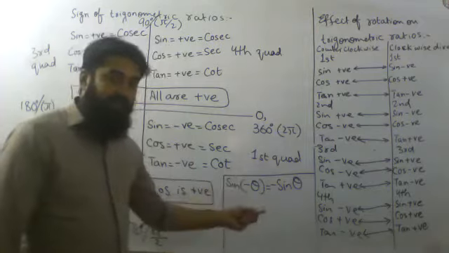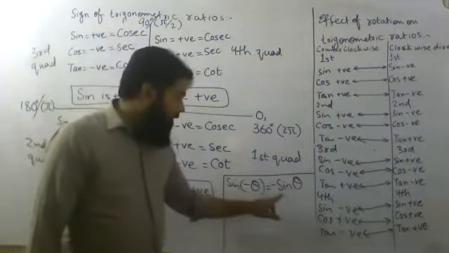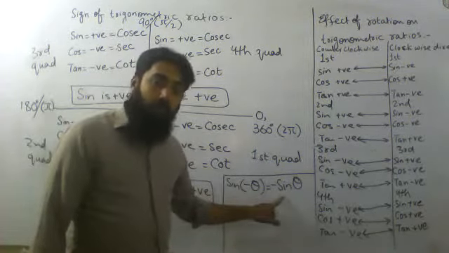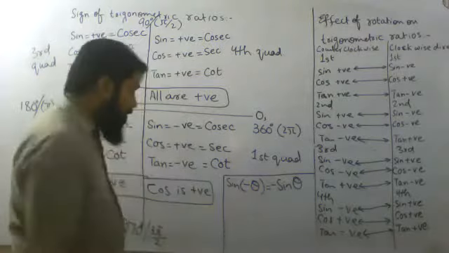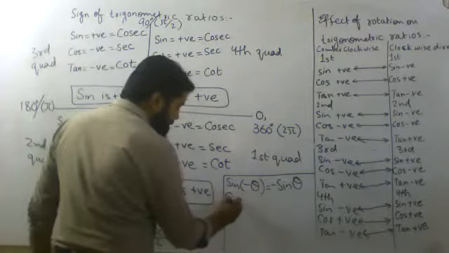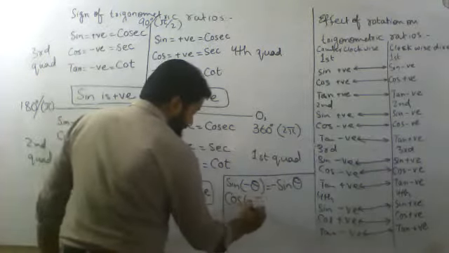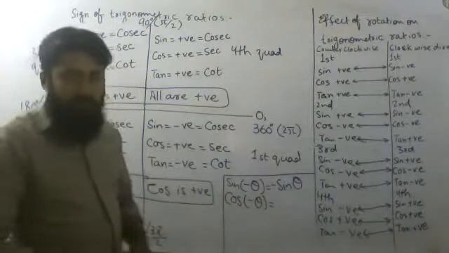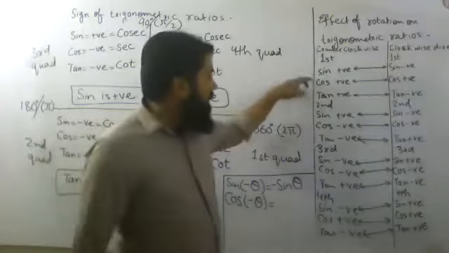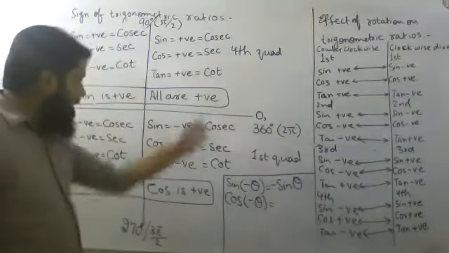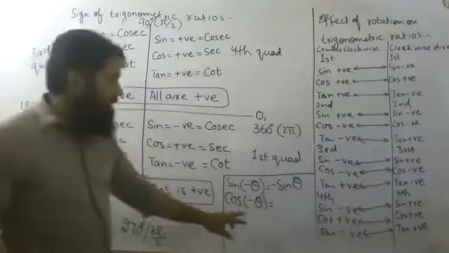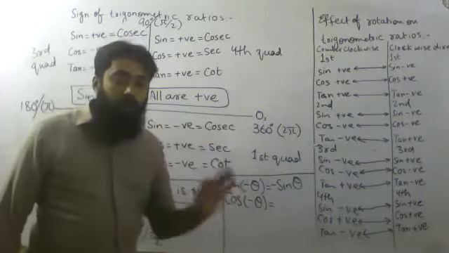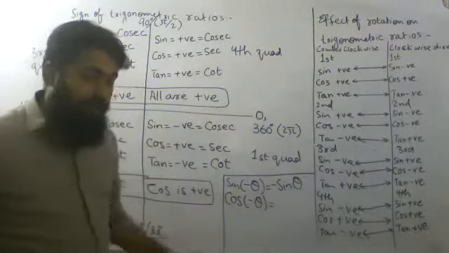Whatever is the sign in the first quadrant, that will be written as opposite. For cos, if I change the direction, cos will have no effect. Either it is going in this direction or it is going in this direction. Cos will have no effect due to the change of direction.